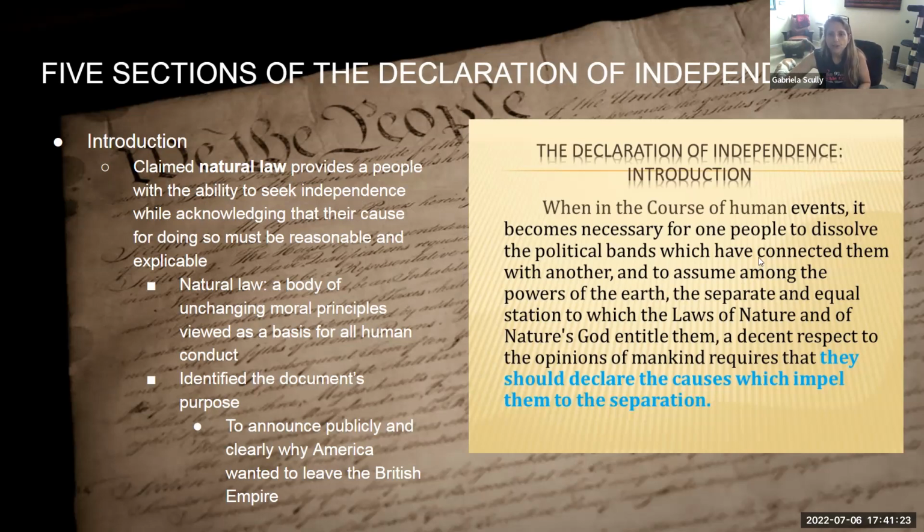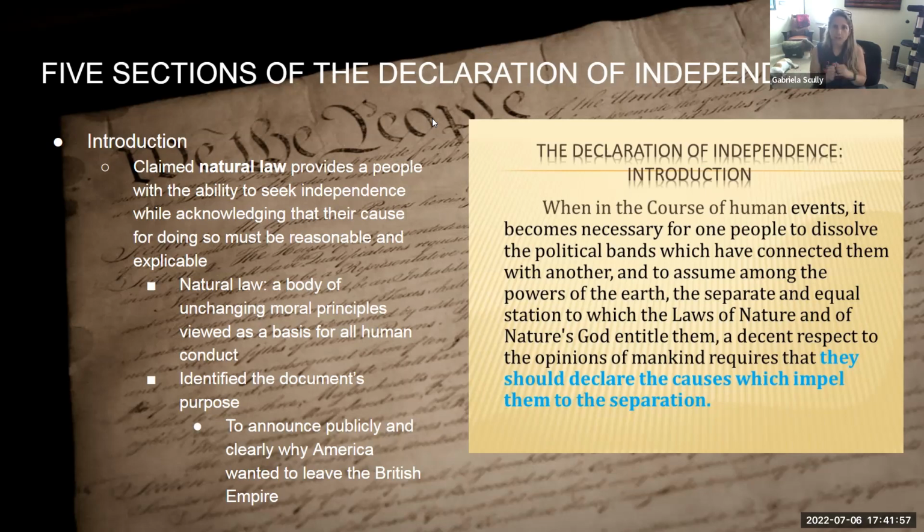And so the introduction says, when in the course of human events, it becomes necessary for one people to dissolve the political bands which have connected them with another, and to assume among the powers of the earth the separate and equal station to which the laws of nature and of nature's God entitle them, a decent respect to the opinions of mankind requires that they should declare the causes which impel them to the separation.